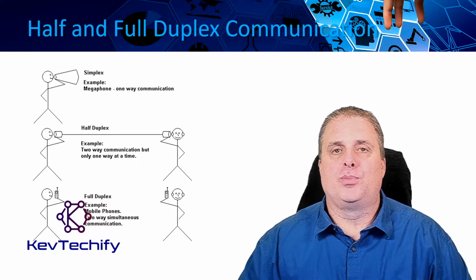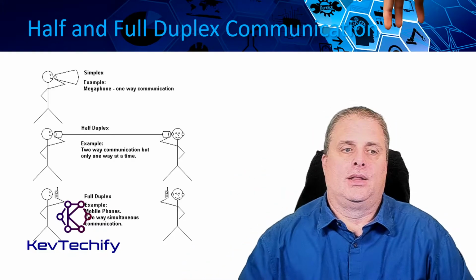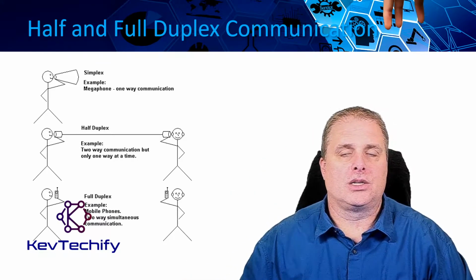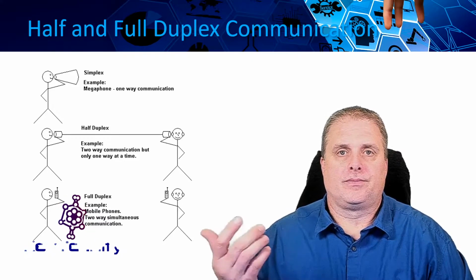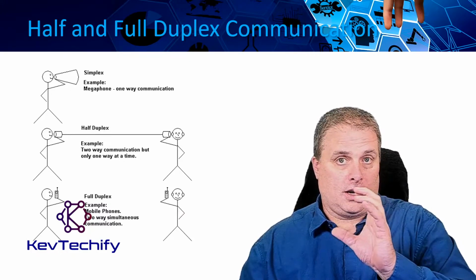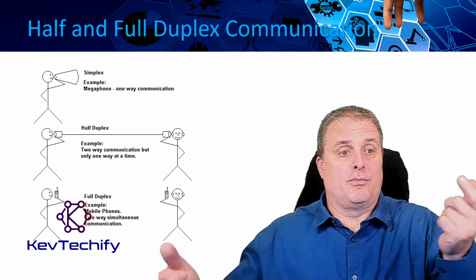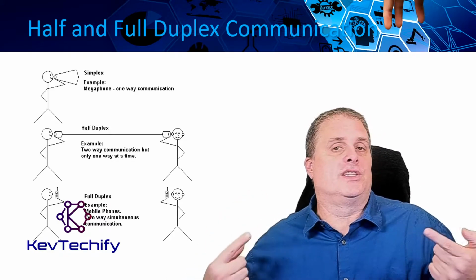Then we have half-duplex. Half-duplex is you can talk in one direction. The example up here shows us 2 cans on a string, where typically one person can talk in the can, and it can go across the string. But if both of you are talking, that means nobody's listening.